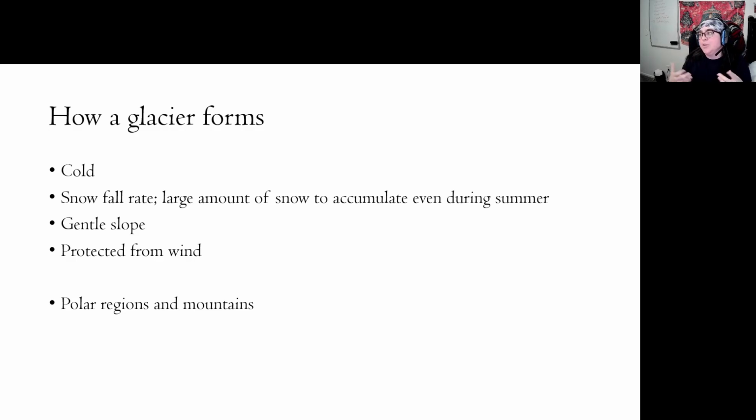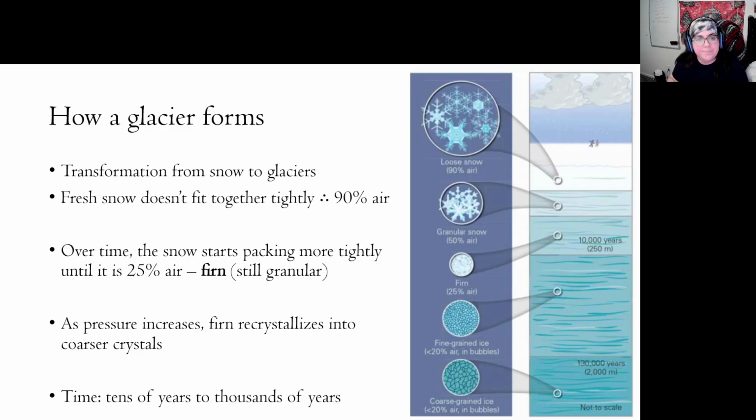And finally, we need to protect it from wind, because if we have our snowfall and then there's a snow drift and all the snow goes away, then we don't have the formation of a glacier. Currently, we have glaciers forming in polar regions and mountains, and usually these are the areas where we will have glaciers throughout the geologic record, but not necessarily.